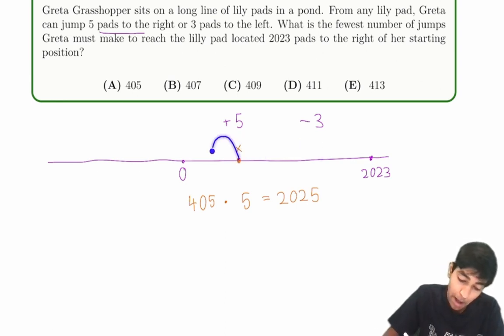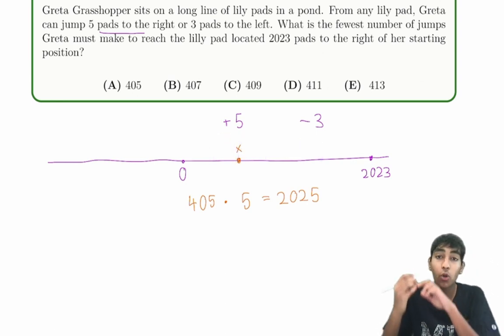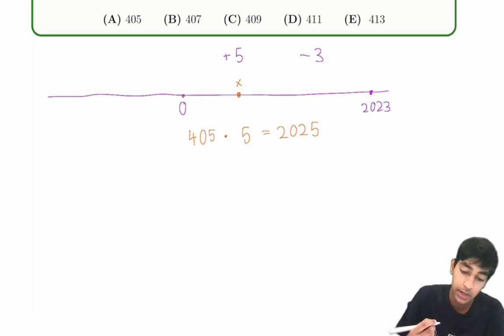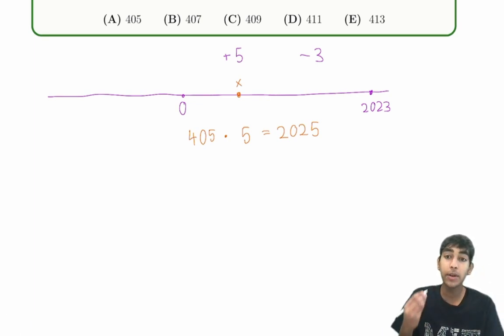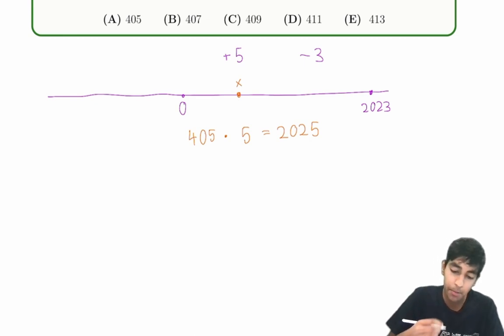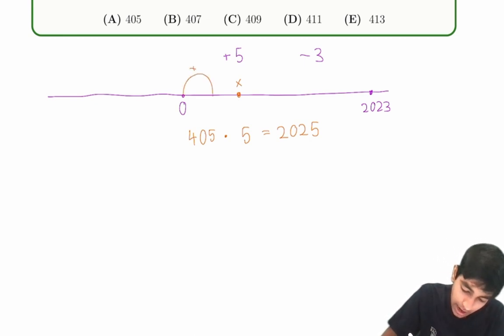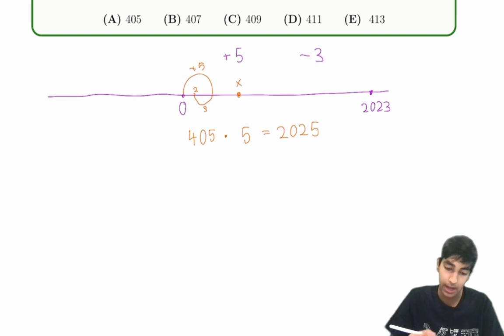But when we go backwards, the remainder when x is divided by 5 will change. So for example, what happens if we go plus 5 and then we go back 3? Now we're at a point 2, which leaves a remainder of 2 when divided by 5.